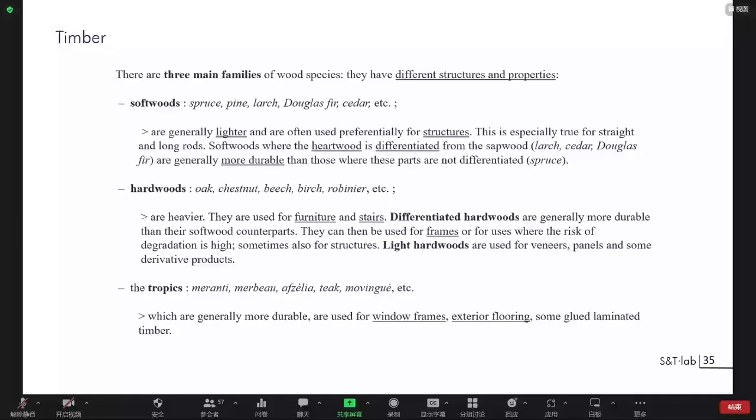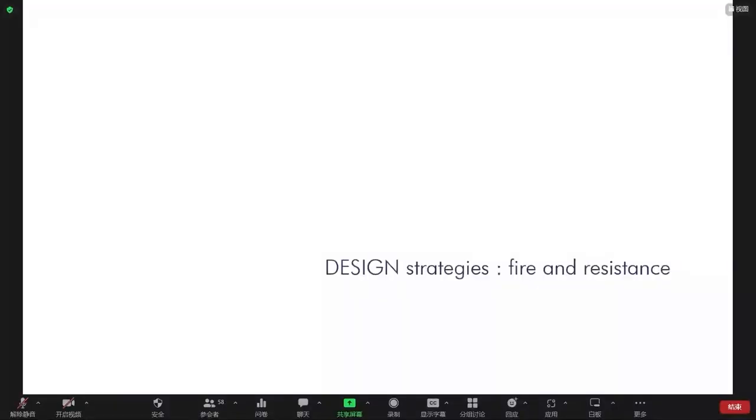Hardwood is harder and much heavier, so most of the time we use it for furniture and stairs, but also for local reinforcement in structures made of softwood. If you look at the structure of a very old and resisting building, hardwood was used in the timber frameworks of cathedrals, for instance, and more particularly, as we will see, it was chestnut that was chosen at that time. But most of the time, we have to deal with softwood in structural systems.